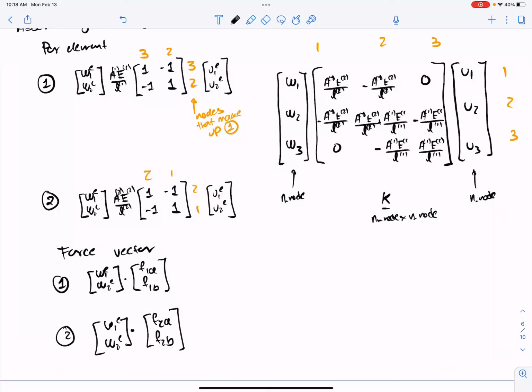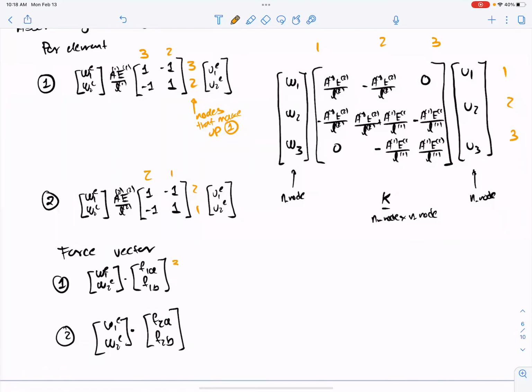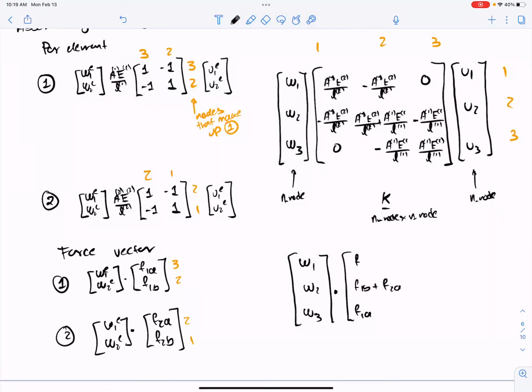Again, I don't know exactly the value because this depends on my force function, but I know this is 3, 2, and this is 2, 1. So my overall force vector will look like F here, F1A, and then here F1B plus F2A, and this one F2B.